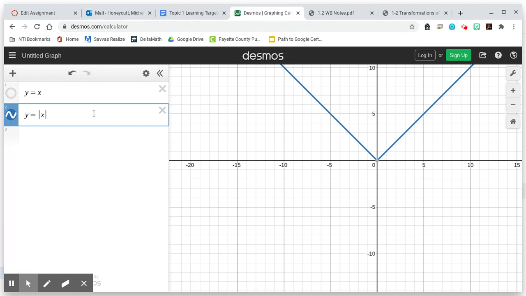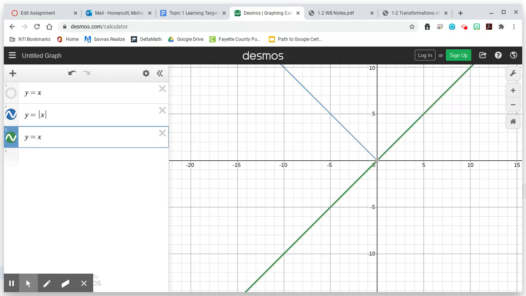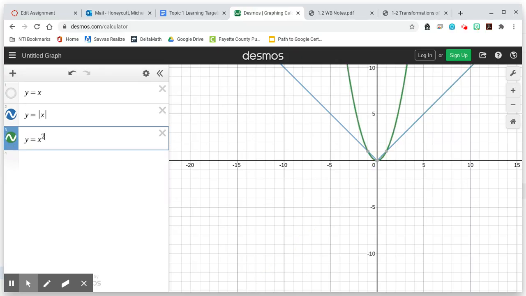So that's the absolute value function, parent function. And then we also have y equals x squared, which is the parent quadratic function. So anything that has an x squared in the equation and no other exponent that is higher than a 2, the graph of that quadratic function is going to be a parabola.